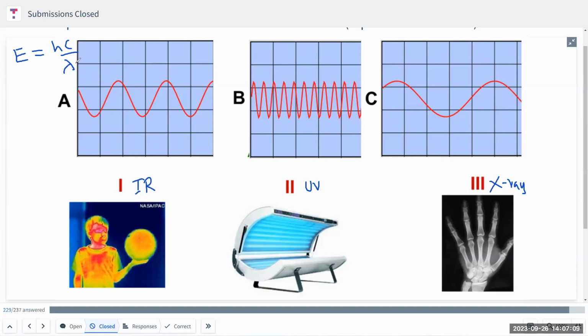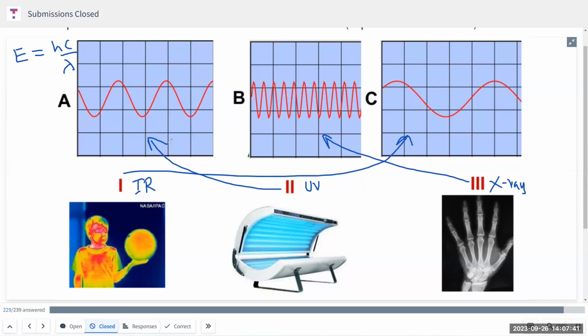In other words, the shortest wavelength we have is in B, therefore X-rays must be B. And out of IR and UV, which one has a longer wavelength? IR. So IR must be 1, and that leaves UV to go with A over here.